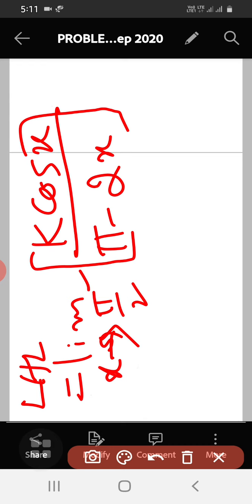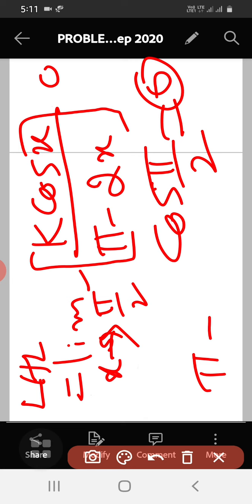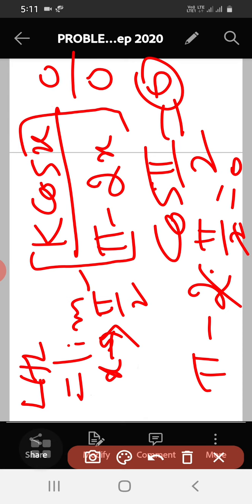In the numerator we have cos x, which becomes cos pi by 2, and cos pi by 2 is 0. In the denominator we have pi minus 2 into pi by 2. The 2 cancels, and pi minus pi is 0. It becomes 0 by 0 form if we apply the limit directly, so we have to reduce it by following the correct procedure. If you apply the direct limit, we get an indeterminate form.